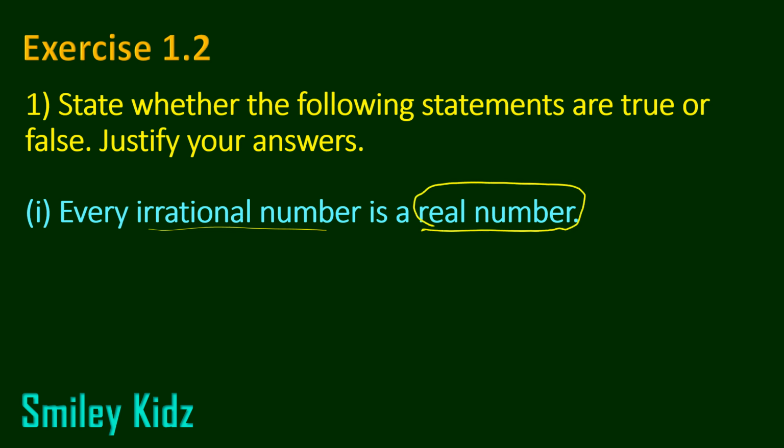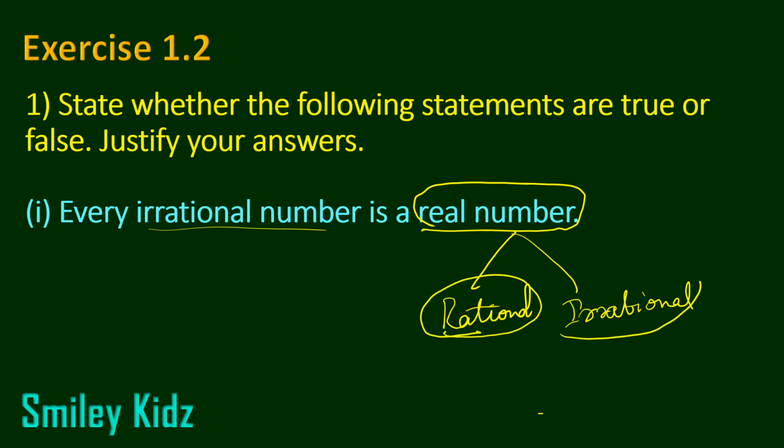Real number, I have already said, is a combination of both rational and irrational. We have seen that real numbers are the combination of both rational and irrational. So irrational numbers are also the category of real numbers. So of course the statement is true because every irrational number is a real number. That means all the irrational numbers come under the category of real numbers.